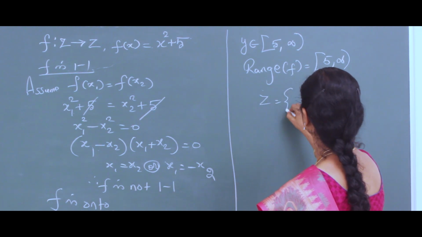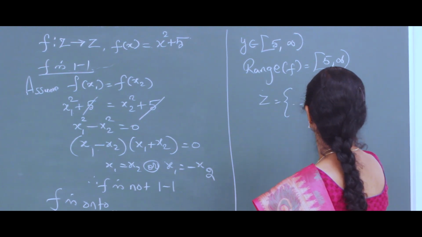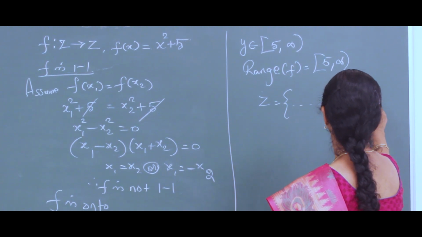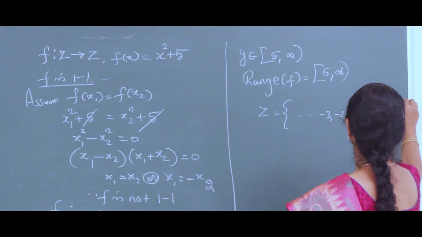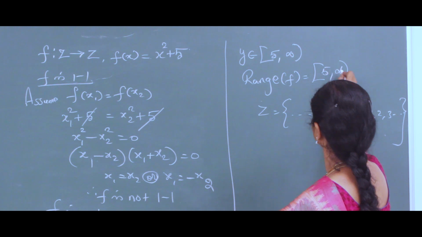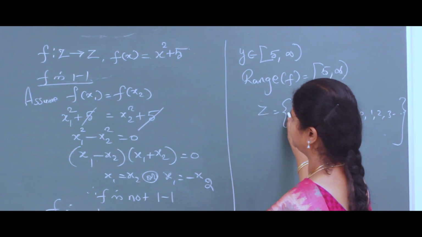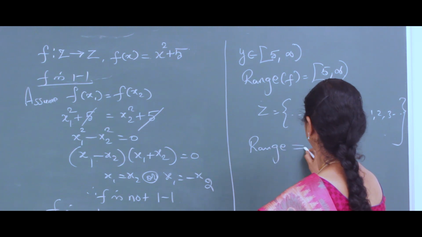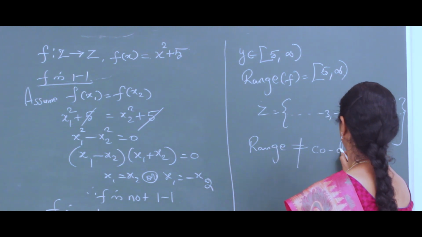Z equal to minus infinity, etc., minus 3, minus 2, minus 1, 0, 1, 2, 3, etc. These are the integers. But here the elements start only from 5. So this is your integer. Therefore the range is not equal to codomain.